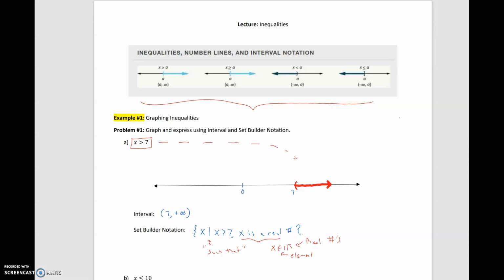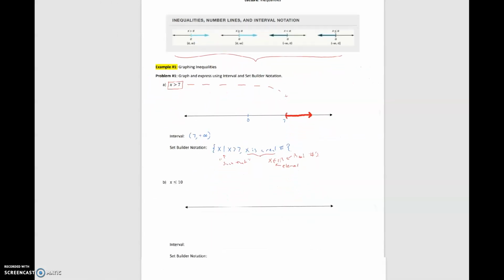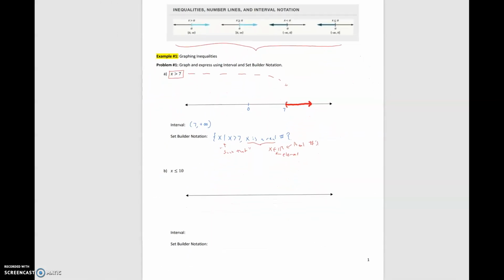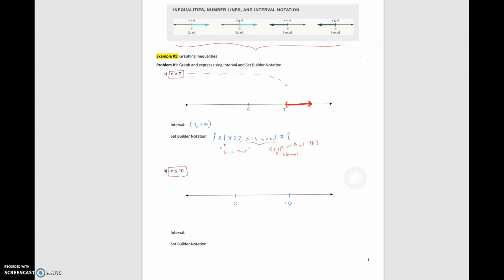Let me do another one just so that you see another statement for inequalities. This statement says x is less than or equal to 10. So you're going to have the value of 0 here. I'm just going to put 10. And notice that this is a less than or equal, so that means that we're including the value of 10 here.